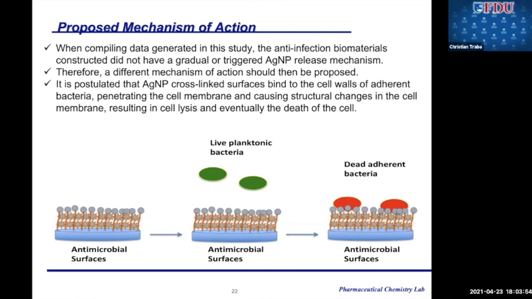It is postulated that silver nanoparticles immobilized onto our surfaces bind to the cell walls of adherent bacteria. This eventually results in the penetration of the silver nanoparticles into the cell membrane, causing structural damage and eventual cell death.